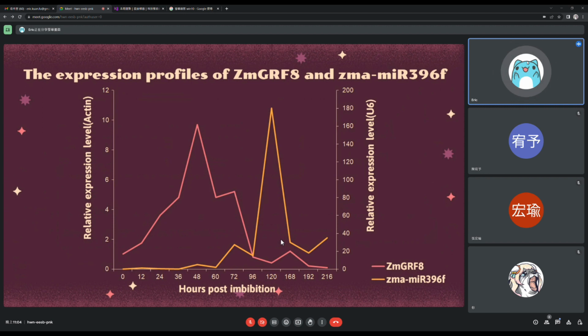Relative expression levels of ZMA-MIR396F and ZmGRF8 after imbibition, assayed by qRT-PCR. The lowest expression levels of ZMA-MIR396F occur before 60 hours, and the highest expression level occurs at 120 hours post-imbibition.